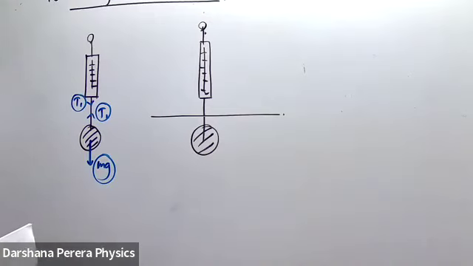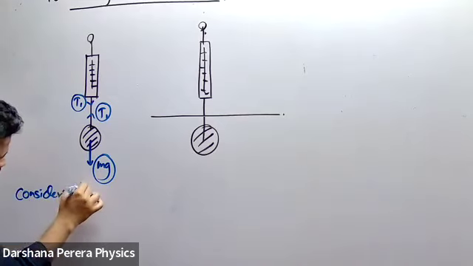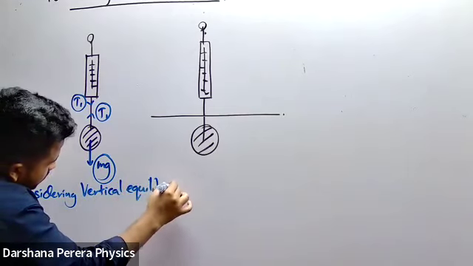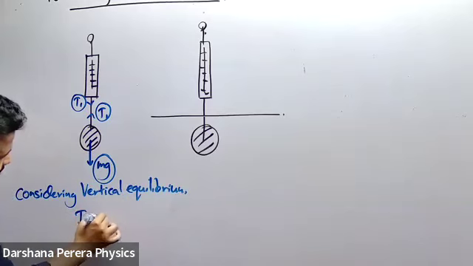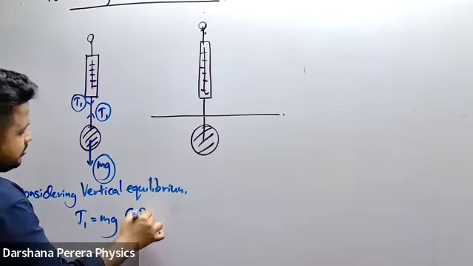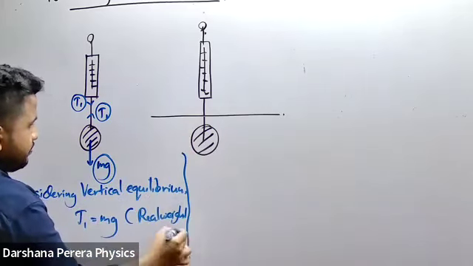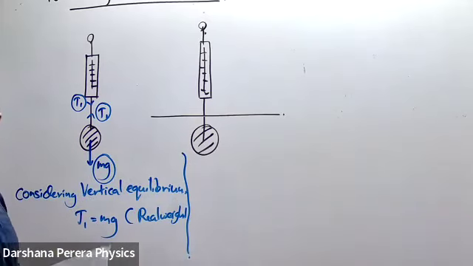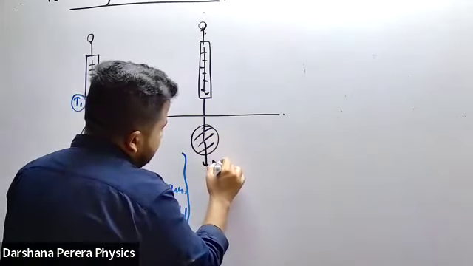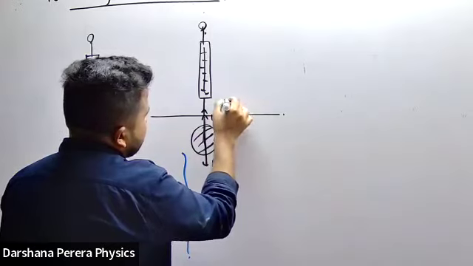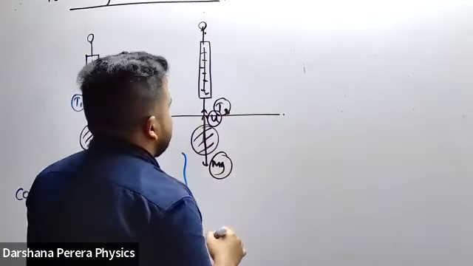So considering vertical equilibrium, I can tell T1 equals mg. This is real weight. But in this case, there is a mass mg, an upthrust force U and the tension T2, right?